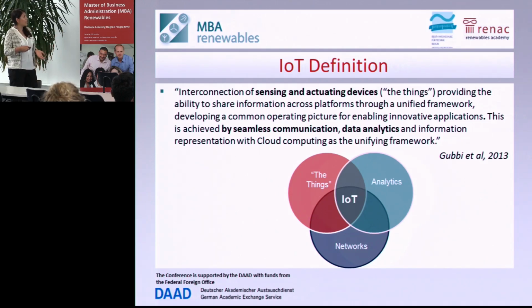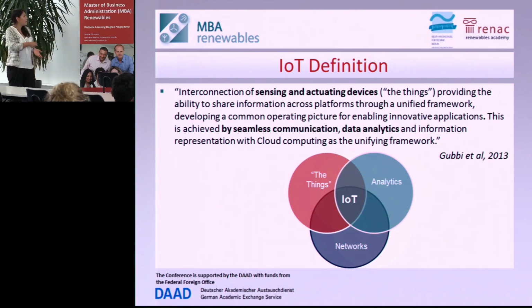Interconnecting sensing and actuating devices, those are the things, providing the ability to share information across platforms, and developing a common operating picture for enabling applications. This is achieved by communications, data analytics, and information representation. So it's important to have a visualization of the data.